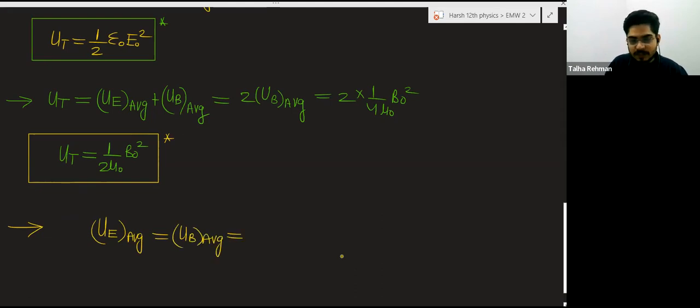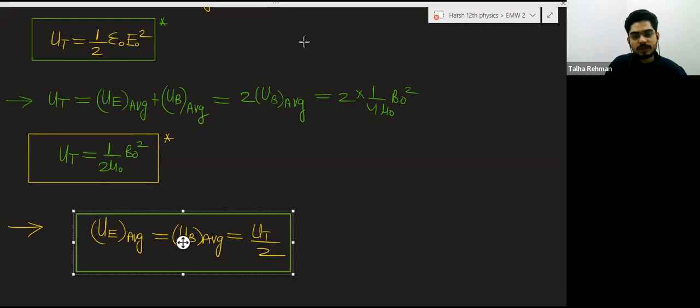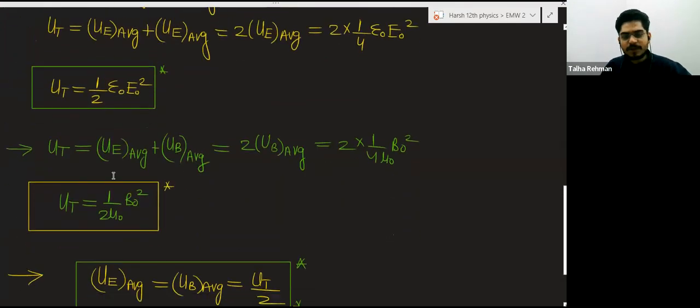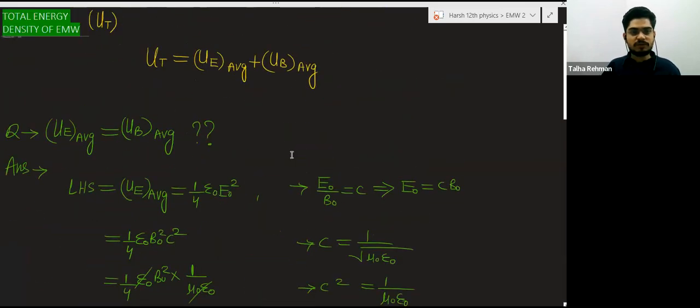Both are equal, and each is half of the total energy. Actually, my earlier statement was not correct. So if you are getting this, remember only this formula. You can derive this, but you should know the average energy density for the electric field or the magnetic field. So now you can just note down.